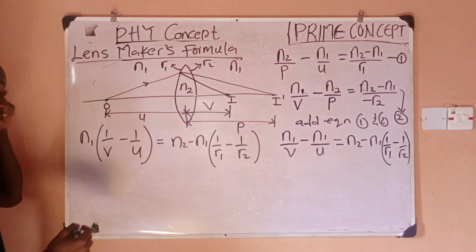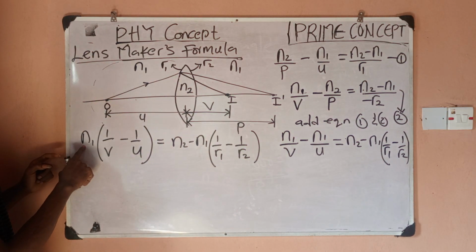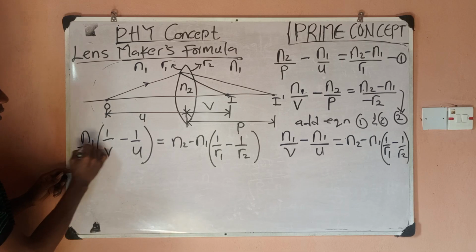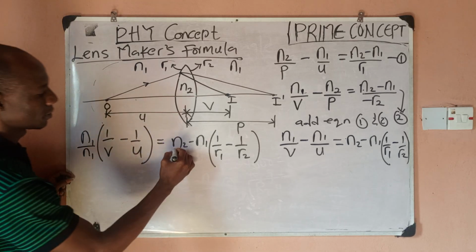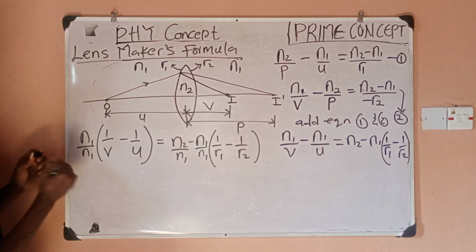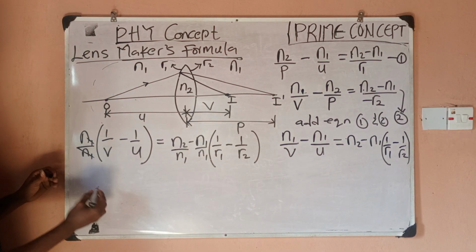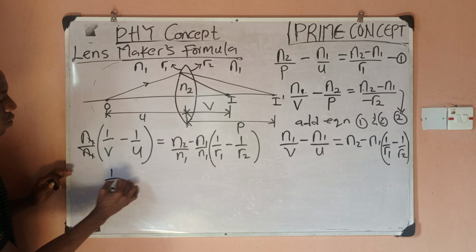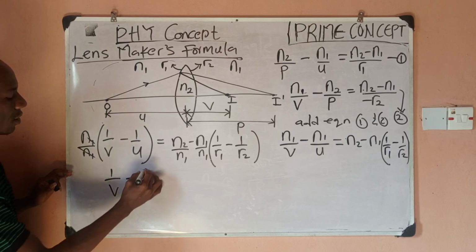Now what am I going to do? I'm going to divide all through by N1 so I can remove it. So if I do this, this can go, right? On this side, I would have 1 by V minus 1 by U.